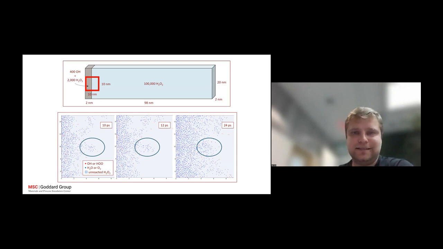And so at this density, which is about the same density as in the previous simulation, we saw some hints that there could be these radical fingers or divots in the reaction front propagating into the bulk.